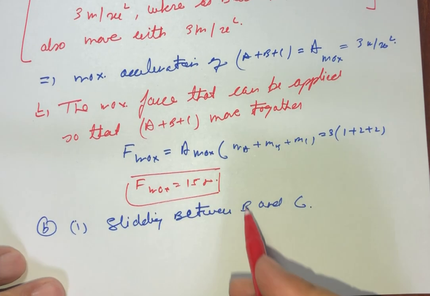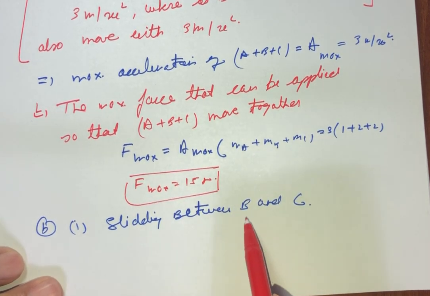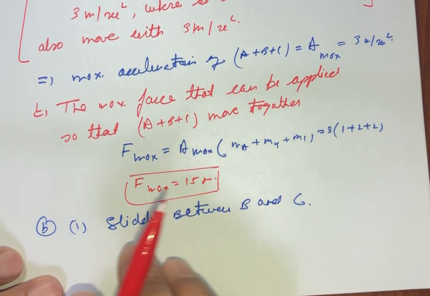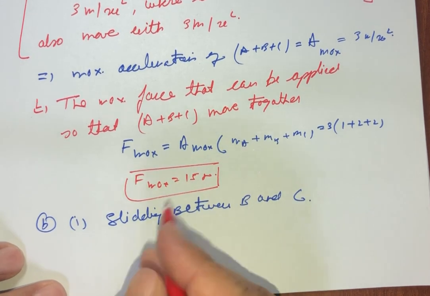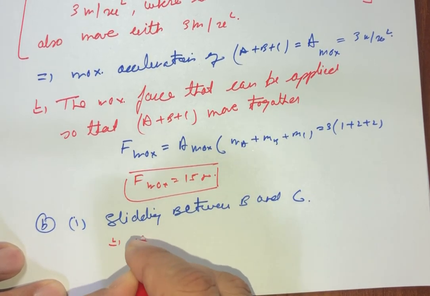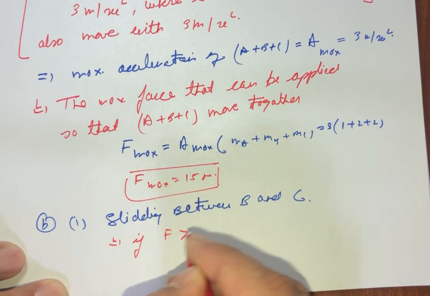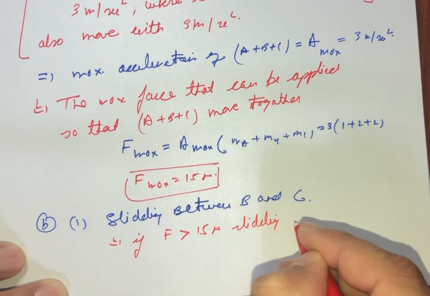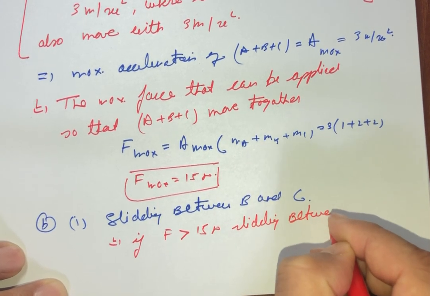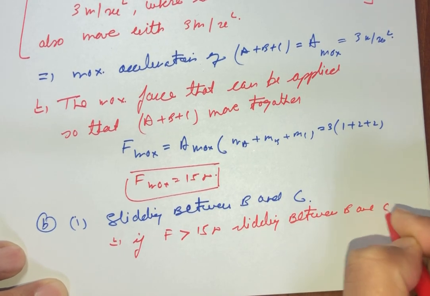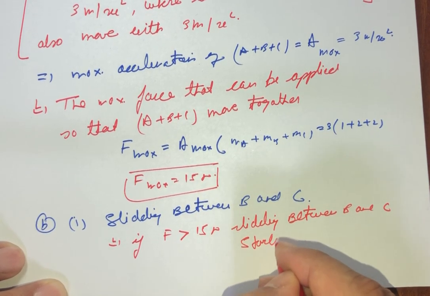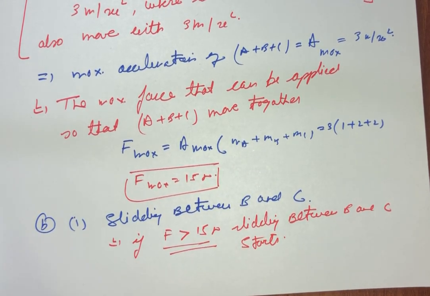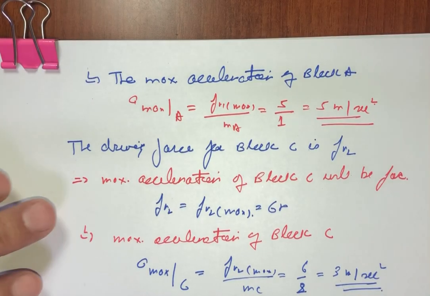If the applied force is greater than 15 Newton, then at least B and C will be moving with different acceleration, or they are going to be sliding. So if F is greater than 15 Newton, sliding between B and C starts. This is the value of the force for which the sliding between B and C is going to start.